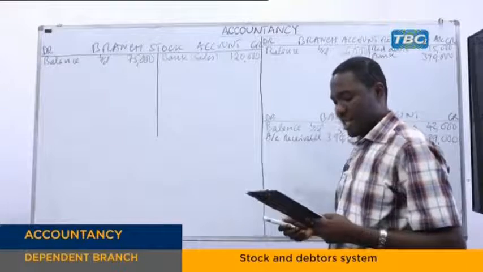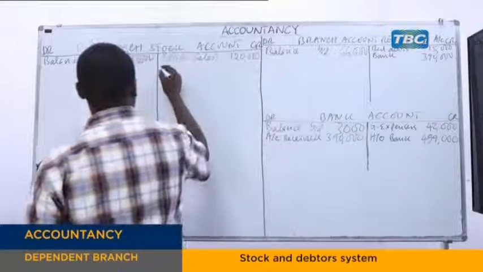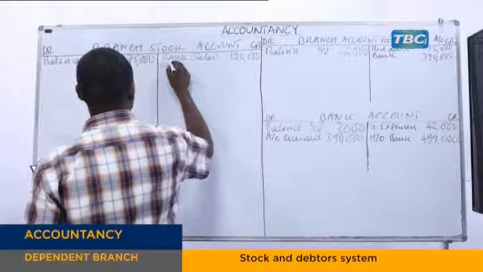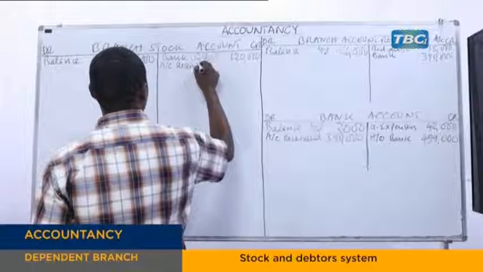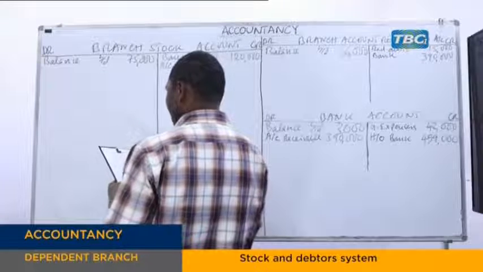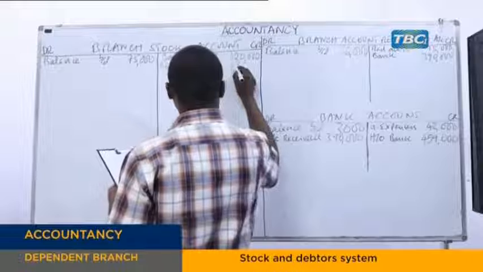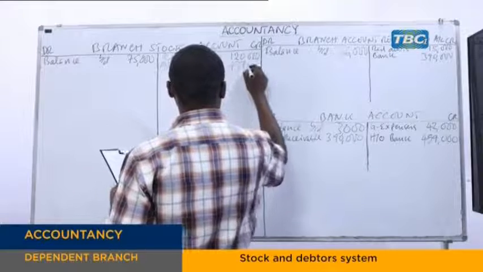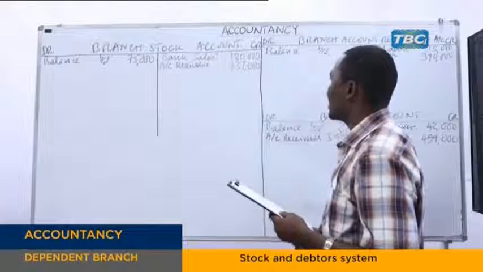Okay. There are credit sales. Credit sales will be transferred to account receivable. Account receivable is 407,000.